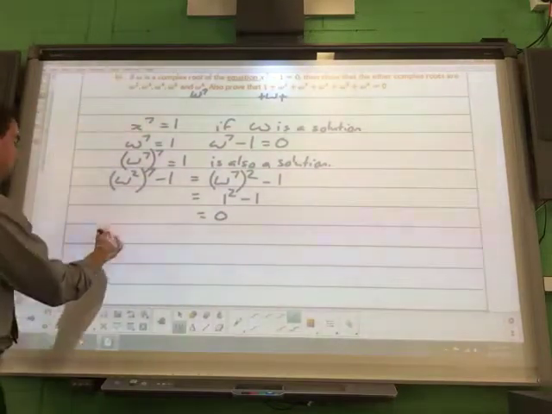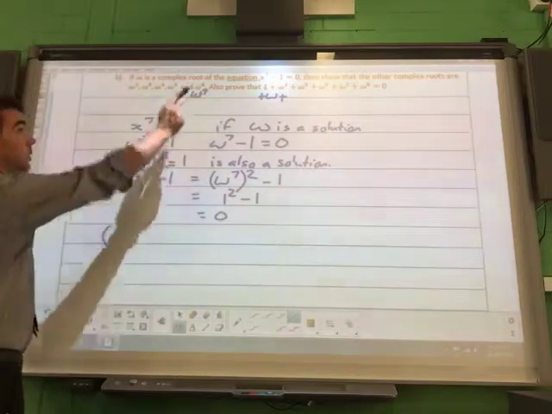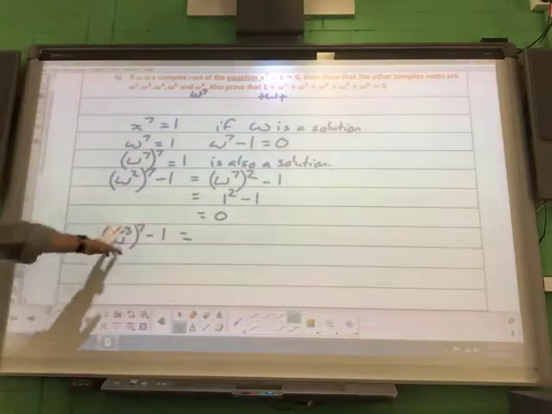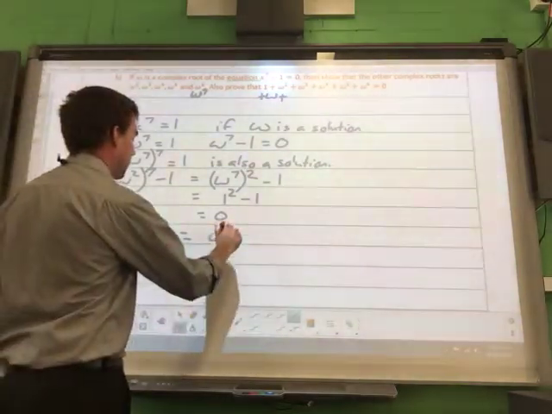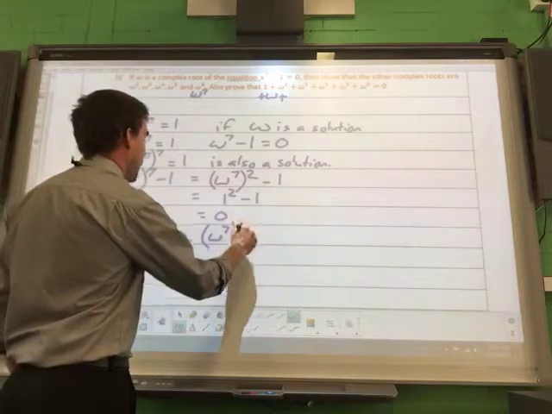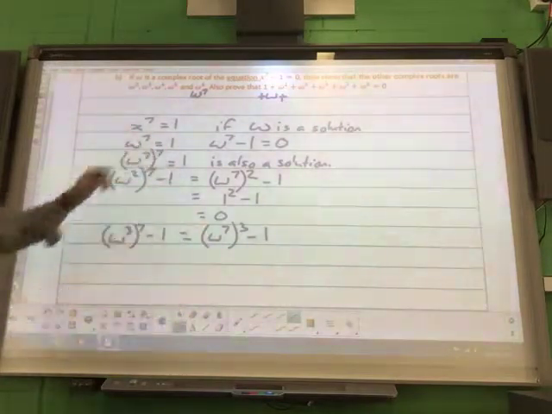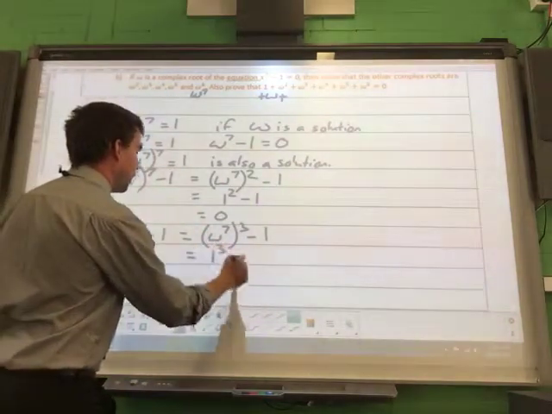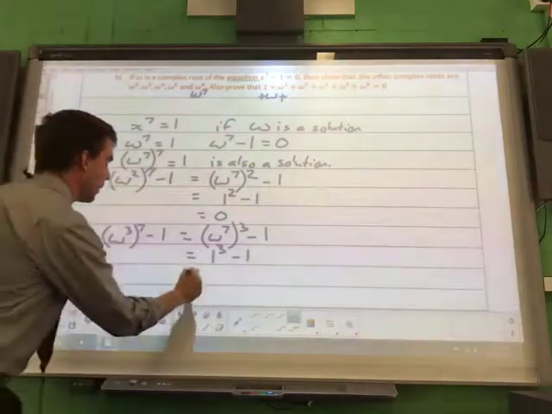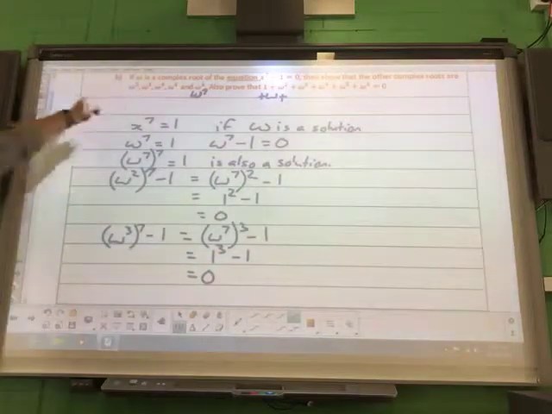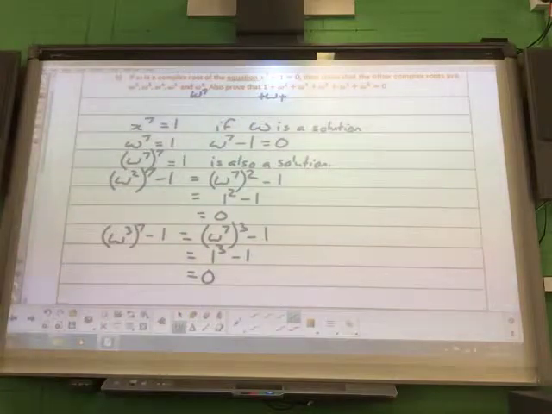Okay, omega cubed. Substitute that into your equation, to the power of 7, take away 1, and then we swap your powers around. So omega to the power of 7, to the power of 3, take away 1. Again, we've already established that omega to the power of 7 is 1. So 1 cubed, take away 1, which is 0. We continue that pattern right through until we get up to omega to the power of 6.